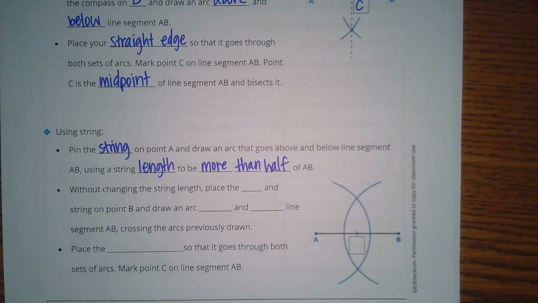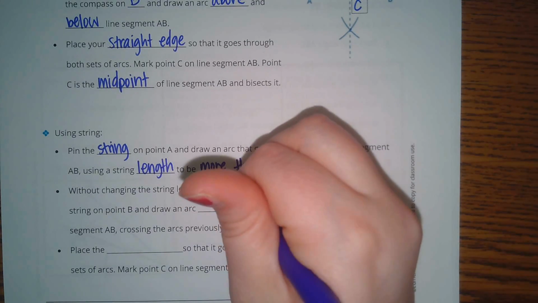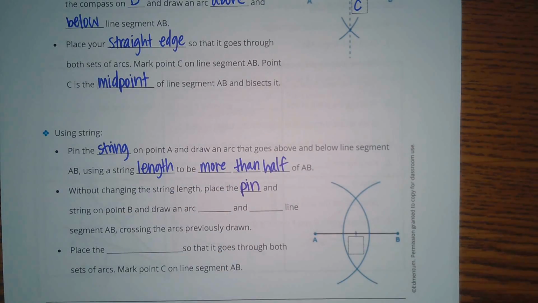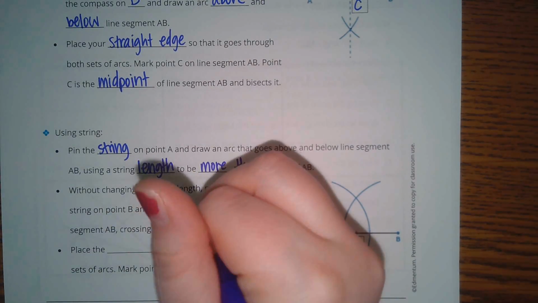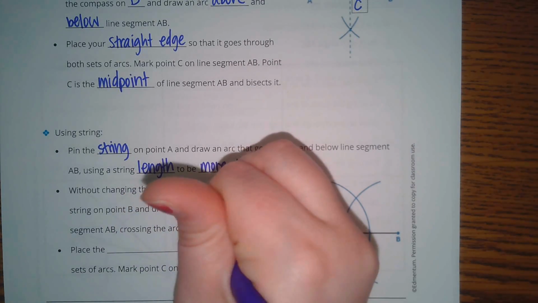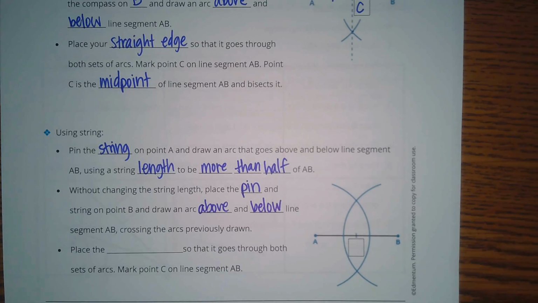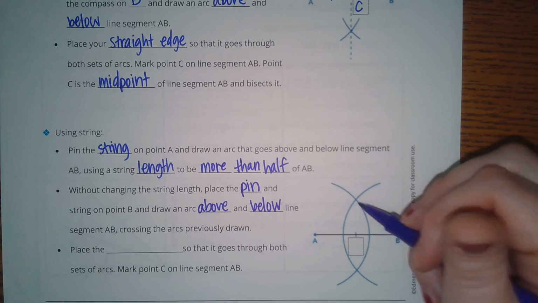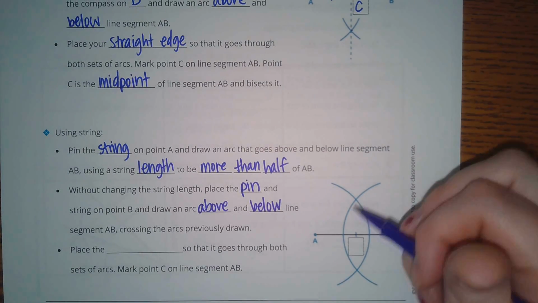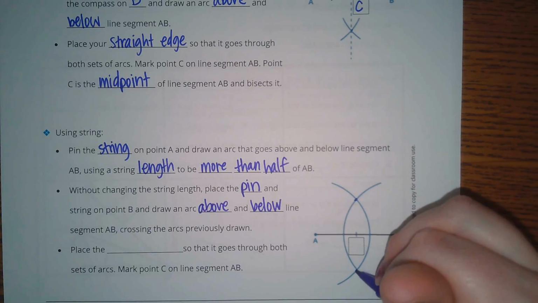Now without changing that string length, we are going to move the pin and put it on point B. And then same thing, we're going to draw an arc above and below our line segment AB. And we're crossing the previous arcs that were drawn. So we're creating these intersection points.